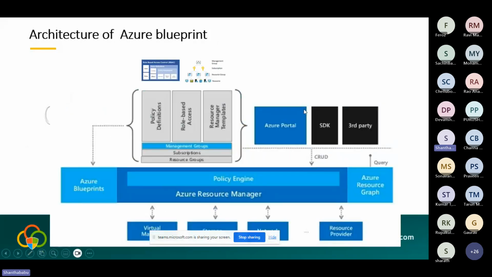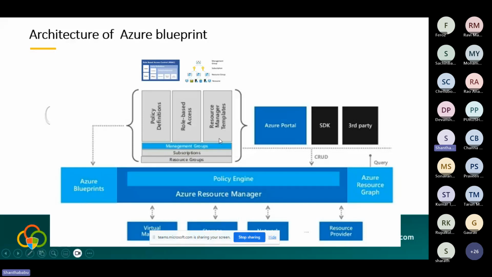Okay, so this is, I would say, my architecture of Azure Blueprint. Yes, of course I can say that. Here, these are the focus things: the policy definition, role-based access, and Resource Manager template, everything comes as a bundle, as a combo, so I can just create my Azure Blueprint resource. There I can give all the necessary things.